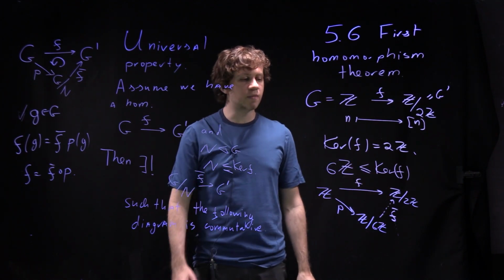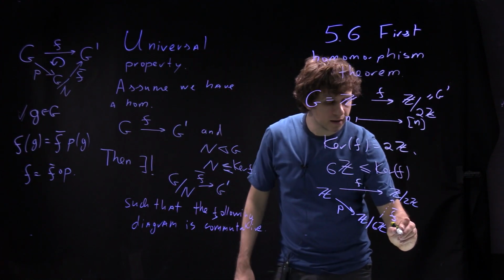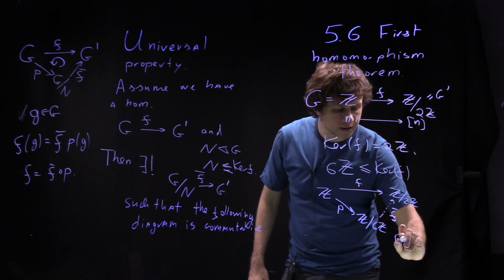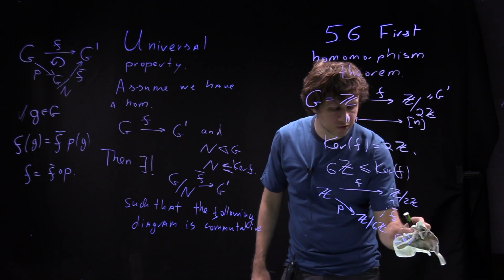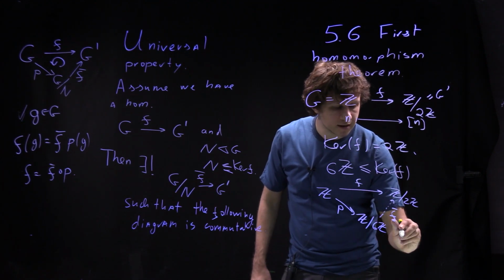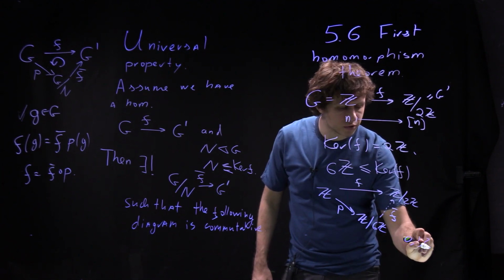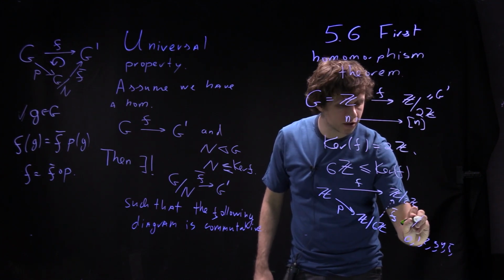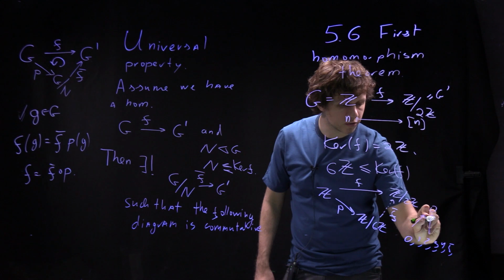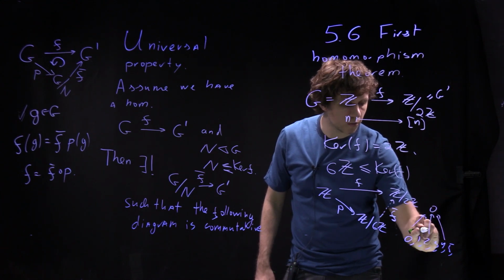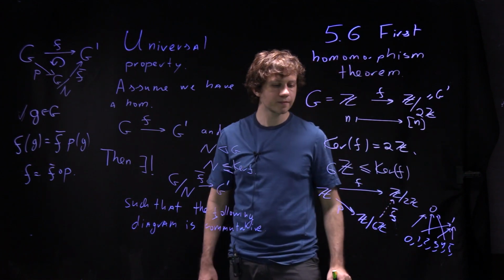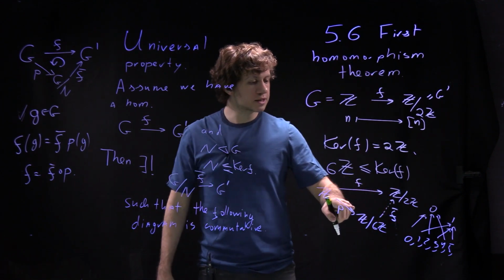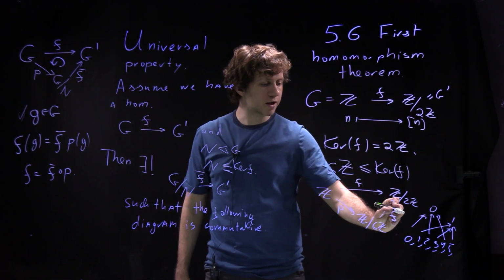So what this map does, if you have these classes 0, 1, 2, 3, 4, 5, then 0 will go to 0, 2 will go to 0, 4 will go to 0, 1 will go to 1, 3 will go to 1, 5 will go to 1. And the statement is that this is F bar.